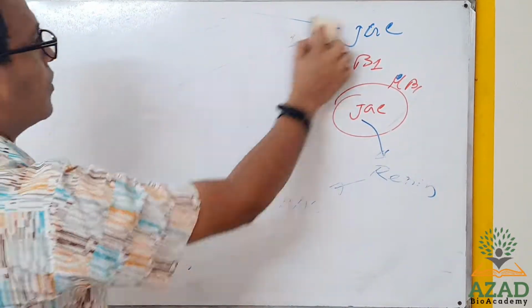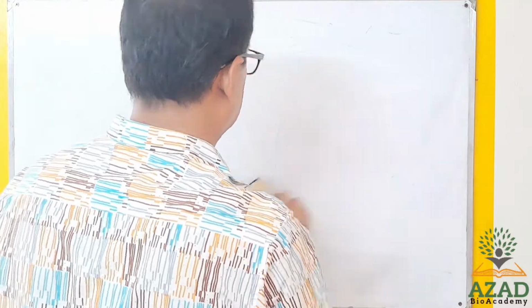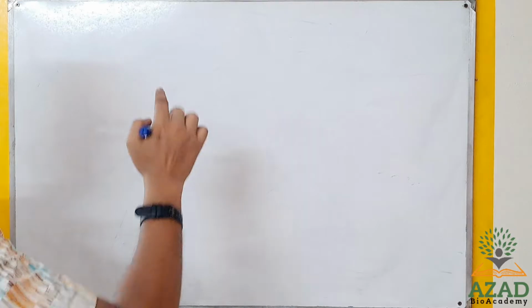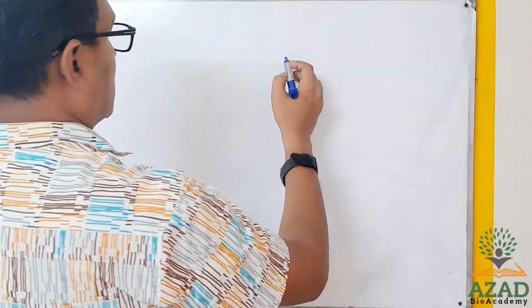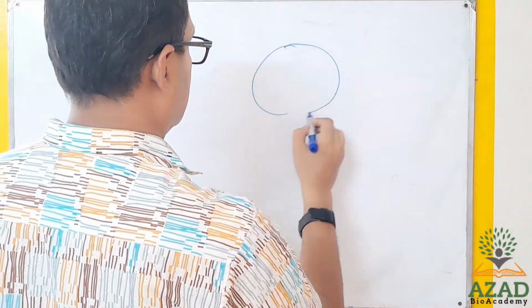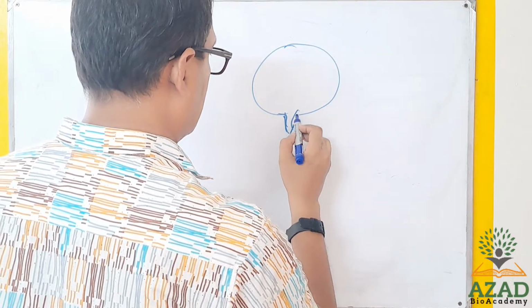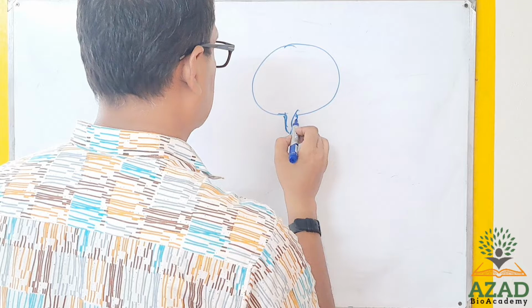Now I will go for your urinary bladder. So this is your urinary bladder, and this is the sphincter muscle here.